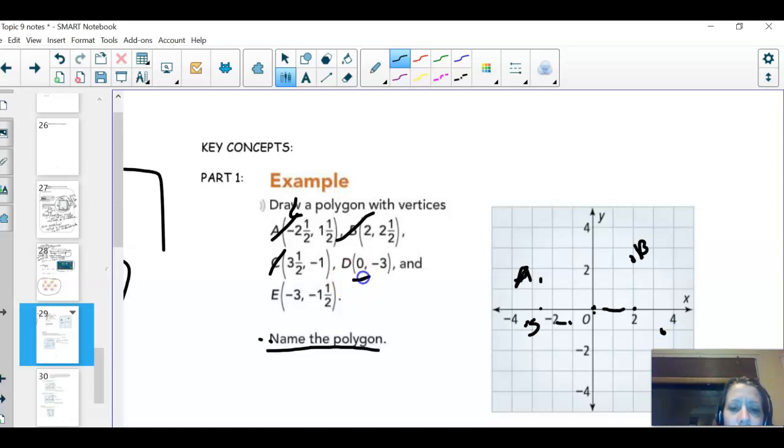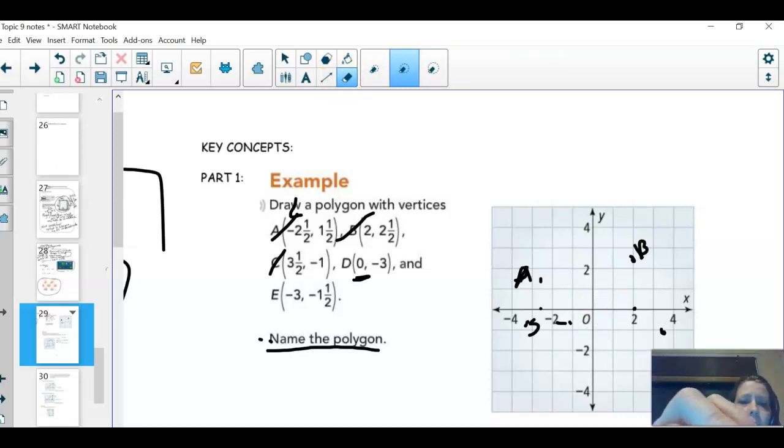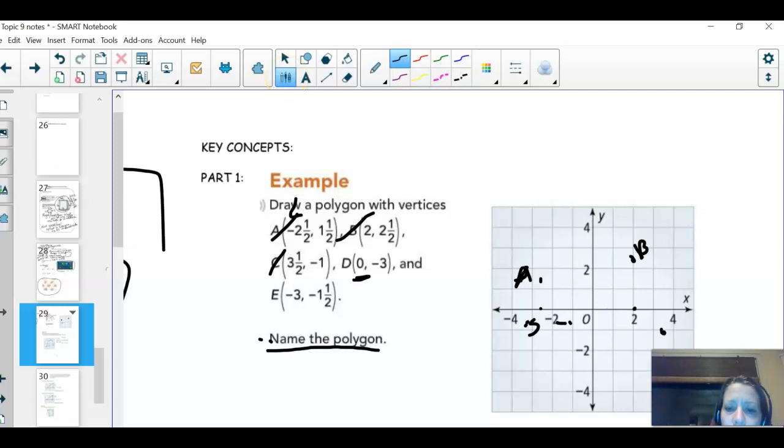D is 0, -3. So I'm not going anywhere to the right or the left. Okay, I'm simply staying on 0 and I go down 3. About -3. And then I have E is -3, 3 a la izquierda, bajo -1.5, and down 1.5. Is that right? Okay.